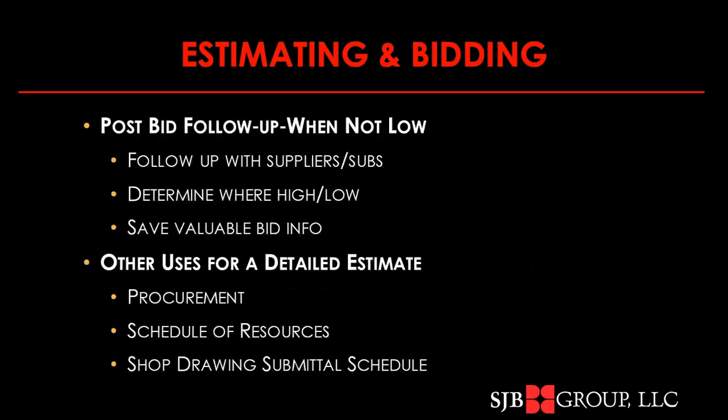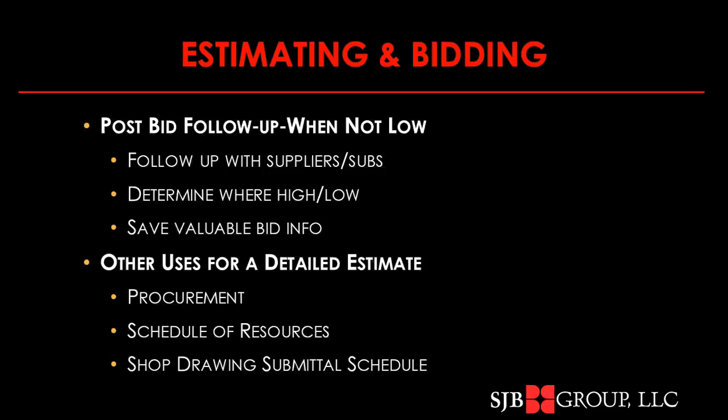Some things to do when we're not low. We want to follow up, see what information we can get to improve our work from our suppliers and subcontractors. We might look at our bid in detail to determine where in particular we were high or low for further investigation.